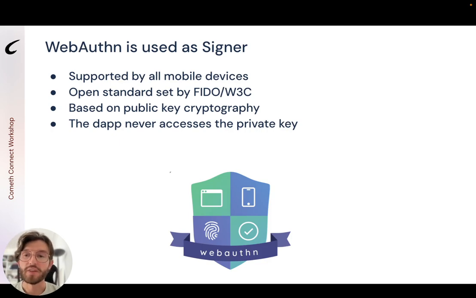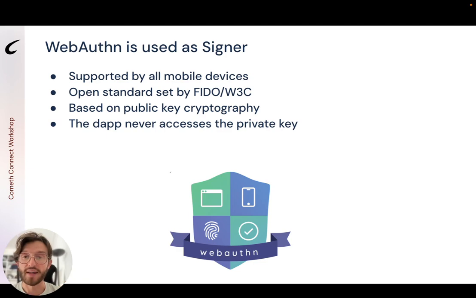Now, a bit of overview of WebAuthn. It's an open standard that was set by FIDO. It's supported by all mobile devices. It's based on public key cryptography. And the idea is that when you create a private key using WebAuthn, the private key is created in the secure enclave of your device.